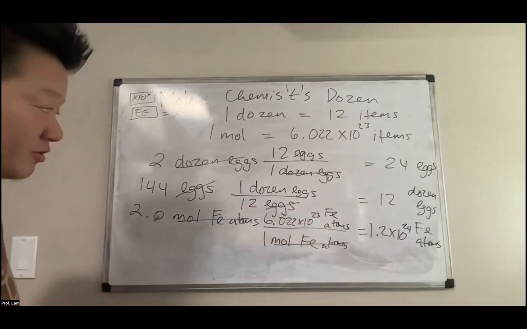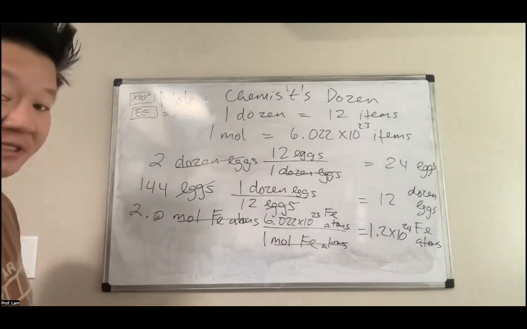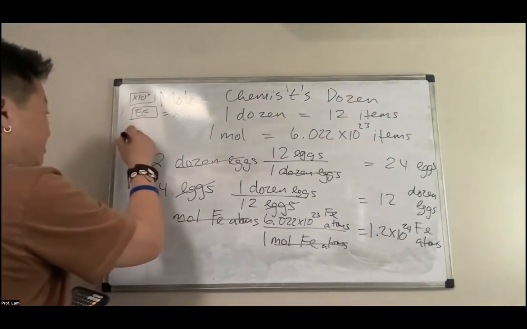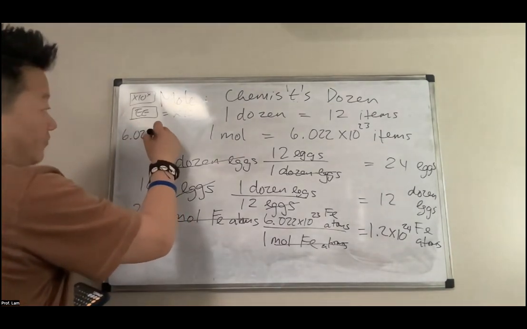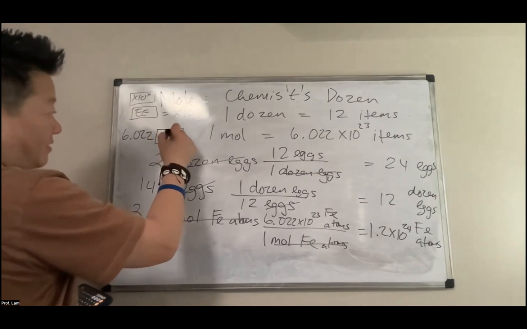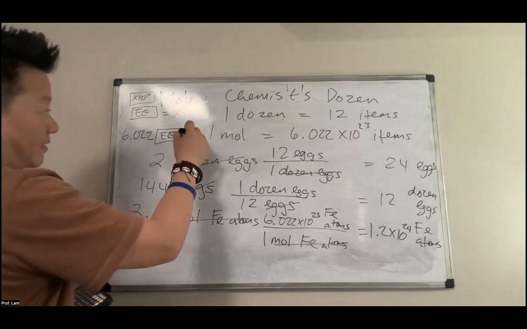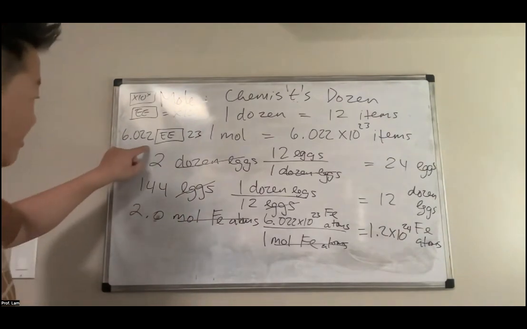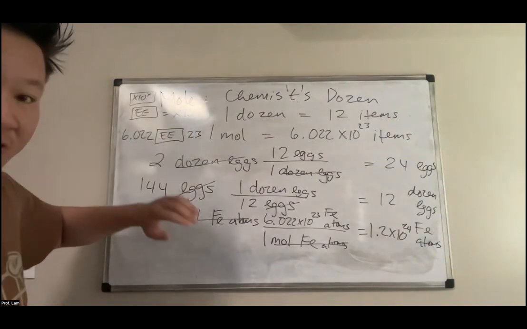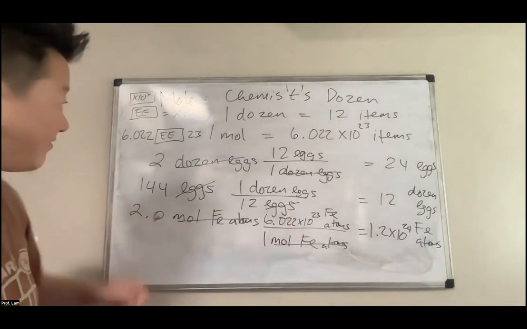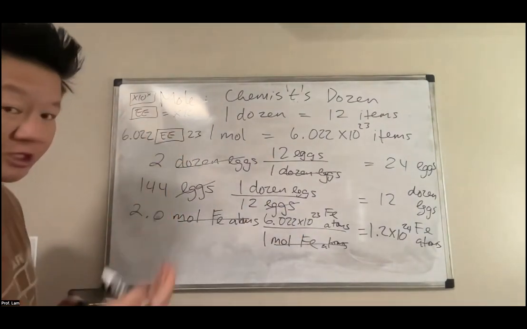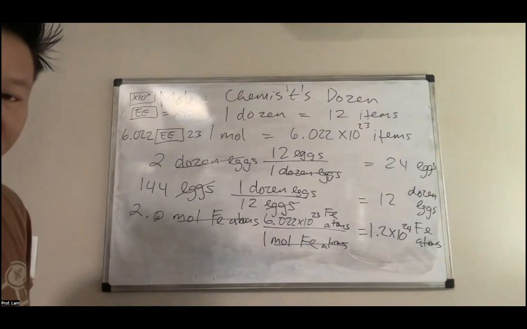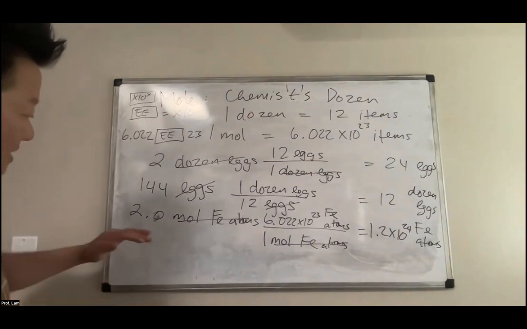So if you were to enter 6.022 times 10 to the 23rd, this is what you should do: 6.022, hit the EE button, and then 23. Simple, right? If this was a negative exponent, then you throw in the negative. So very simple. Anyways, back to this problem.